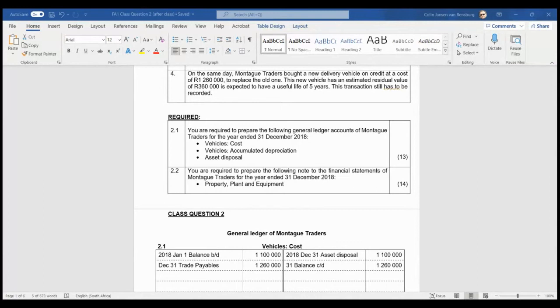So that means we'll have to start the note with the cost and the accumulated depreciation to give us the opening carrying amount, and we'll have to end the note with the closing balances of the cost and the accumulated depreciation accounts for our various categories of PPE, which then provides us with a carrying amount. Right, so that is what we need, and in between will be what we call our reconciling items, ladies and gentlemen, or you can even refer to it as the movements.